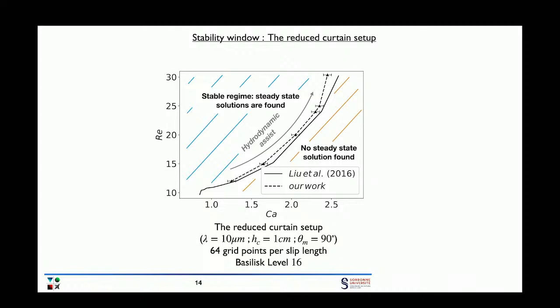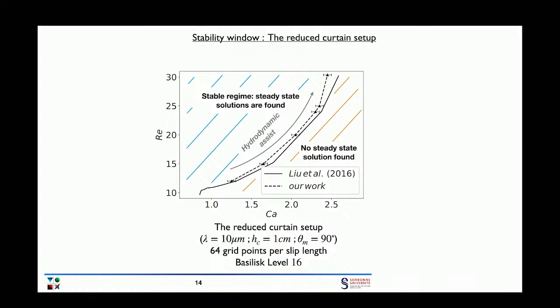to their work. In this stability window, if you are in this blue region, then steady state stable solutions are possible. However, here there was no perfect wetting, so here we have wetting failure. Let's say we are at capillary number 1.5, then for small Reynolds number this was failing.